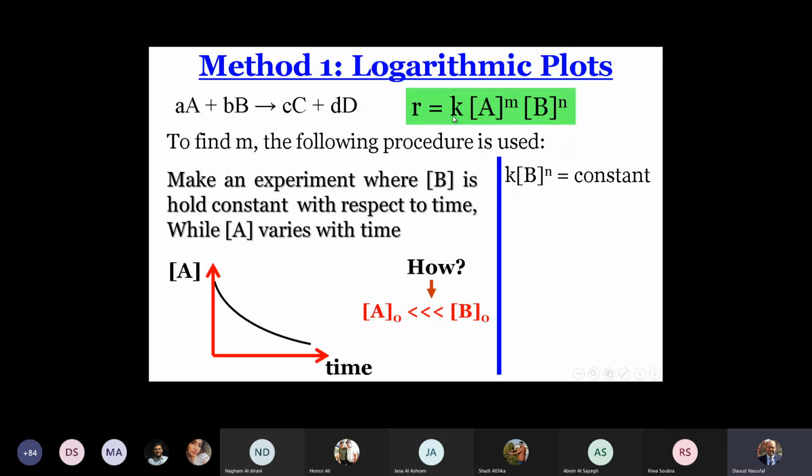Since k is constant, and practically the concentration of B is constant and n is known as a constant value, so k[B]^n is constant. I can transform this relation from r = k[A]^m[B]^n to r = k'[A]^m.